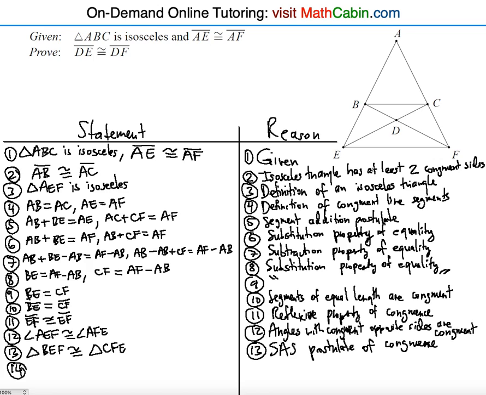Okay, so now we know that their individual parts will be congruent as well. So individual parts of these triangles will be congruent as well, right? Because we already showed that these two triangles are congruent, right? So we can say that angle BFE is congruent to angle CEF.